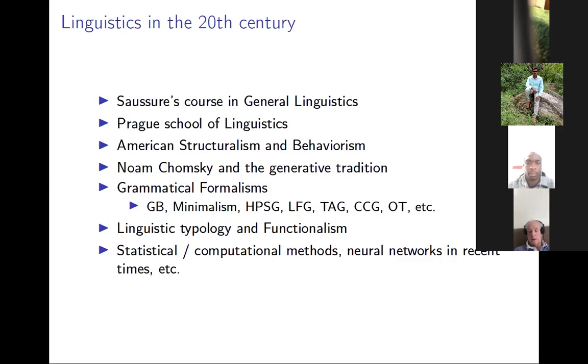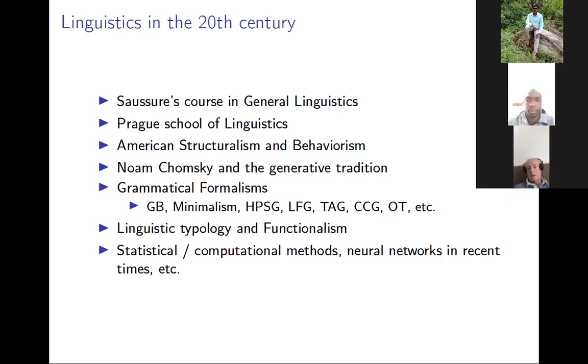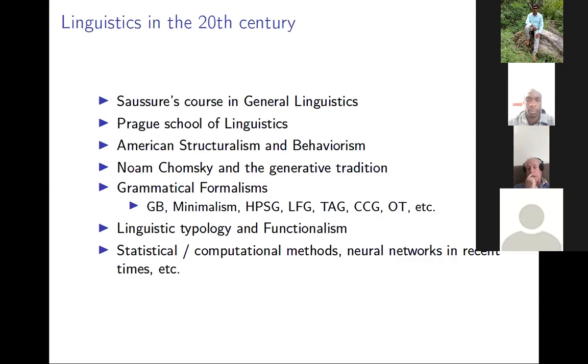You had figures like Edward Sapir, Leonard Bloomfield, and Maurice Swadesh, etc. This was also a period of great interest in Native American languages, Amerindian languages, as they used to refer to them in that era. They documented a lot of Amerindian languages, and there was a lot of work done.